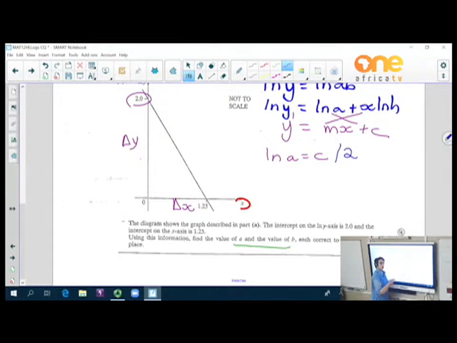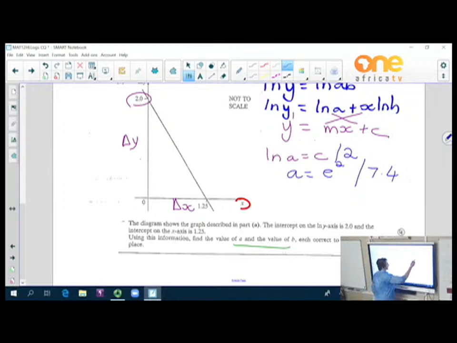So I need to unlock it. How do I unlock ln? With e, so it's e to the power of 2. And that is then 7.4, because they said rounding it to 1 decimal place.